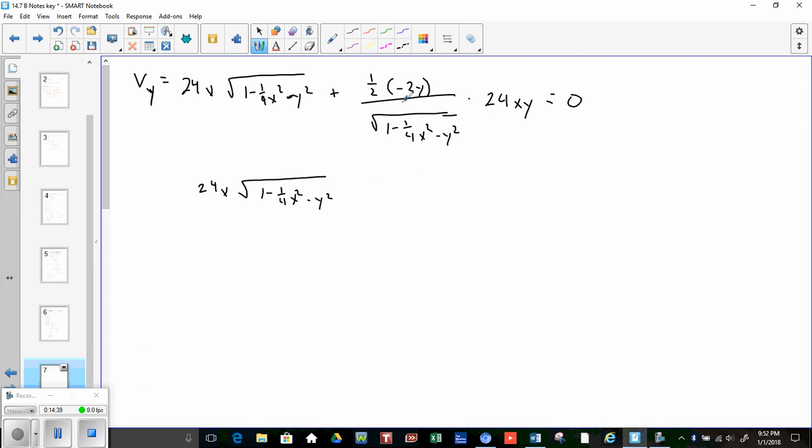And then this is going to be minus y, so it's going to be minus 24xy squared over square root equals 0. So once again, we'll add this to the right.